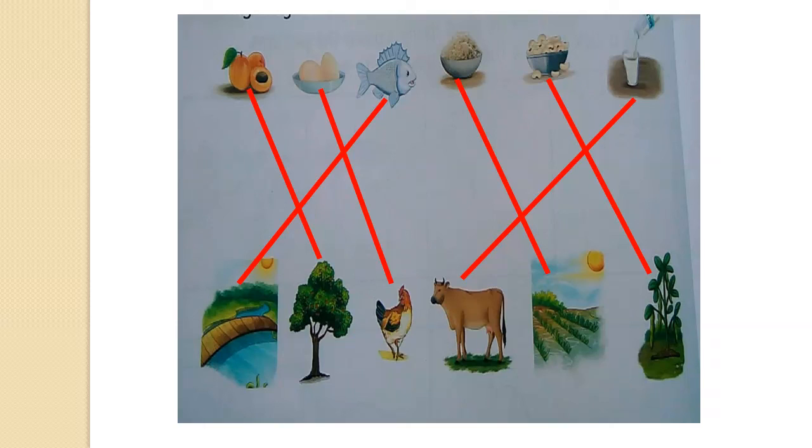And the next one is, what is this? Look at your book. Rice. And where does rice come from? Yes, through rice plant. The next one is beans.